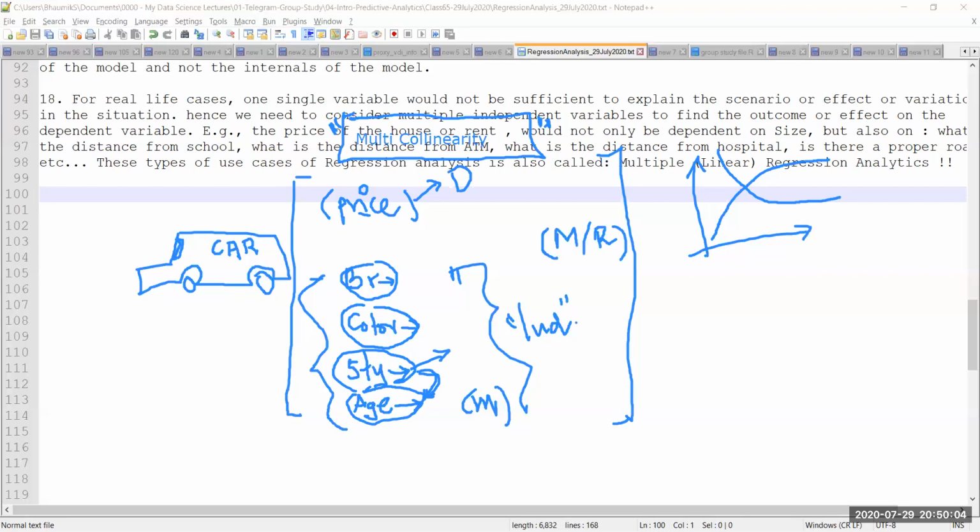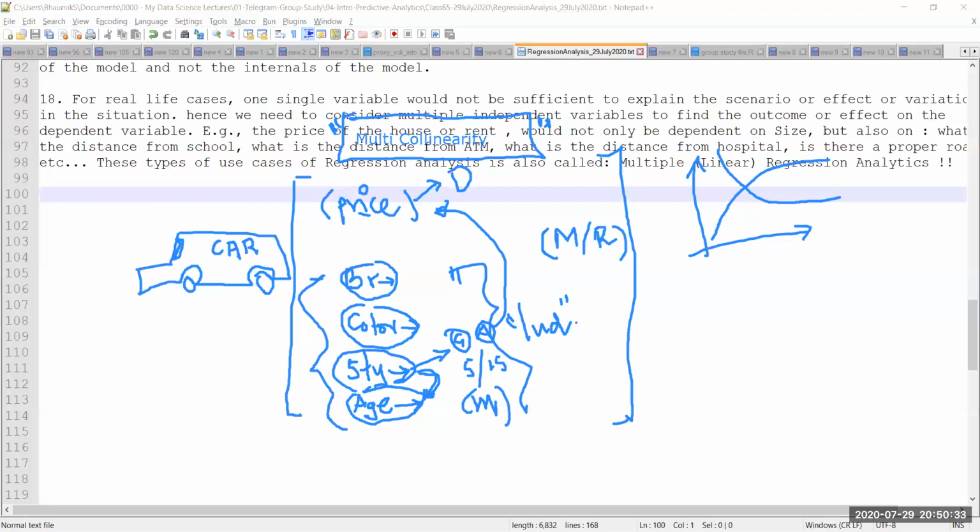So if I have a car which is 5-year old, it may have a current look and feel, which may be overall good. Let's say I'm going to write it as good. But if I have a car which is 15-year-old, that car might really look like a very average kind of a car. If it is an average kind of a car, then obviously people will be negotiating with you very hard on the price, right?